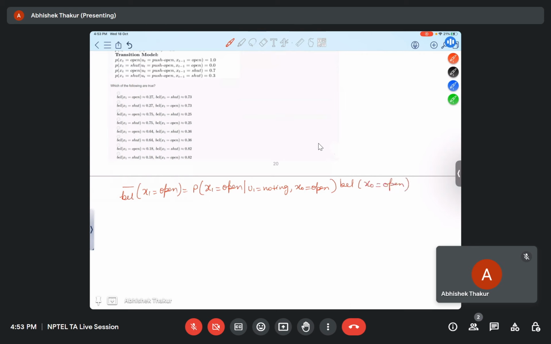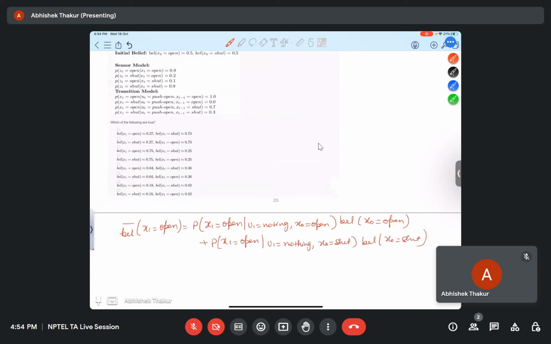Like when initially the door is open, the x1 will be open even if the robot does nothing and x0 is open. Plus probability of x1 is equal to open given that u1 is equal to do nothing and x0 is equal to shut, and belief of x0 is equal to shut.